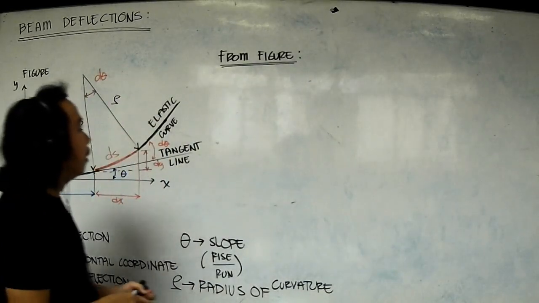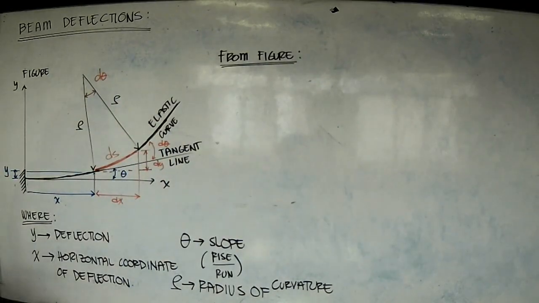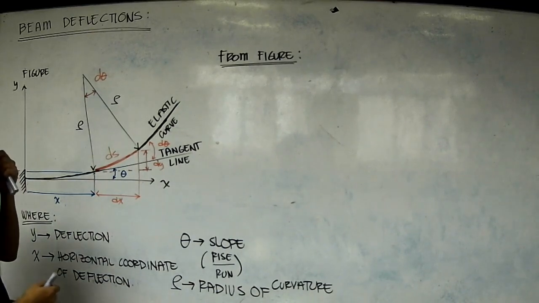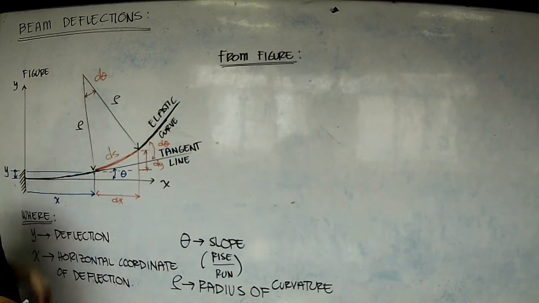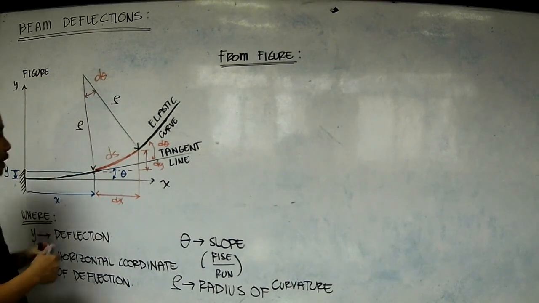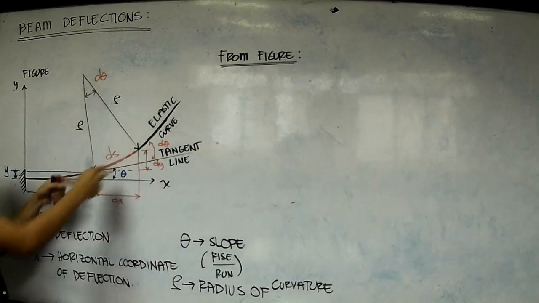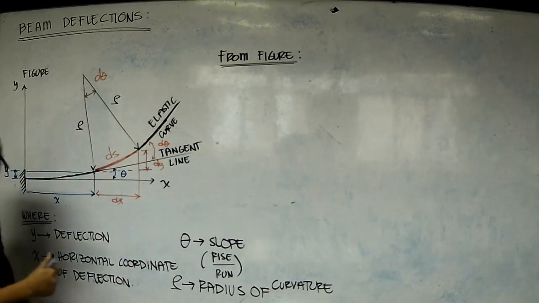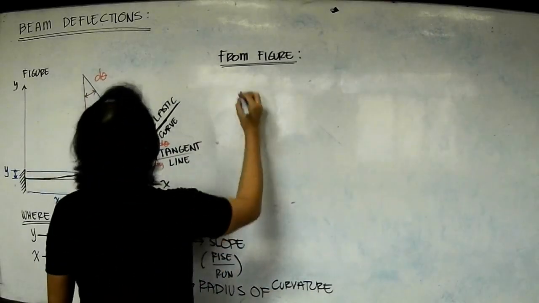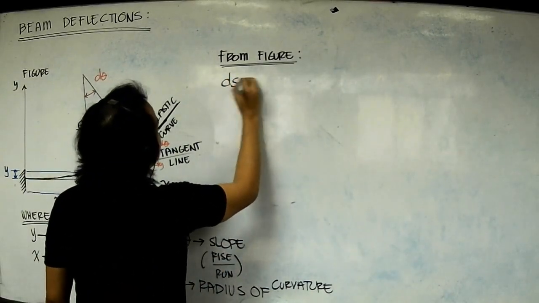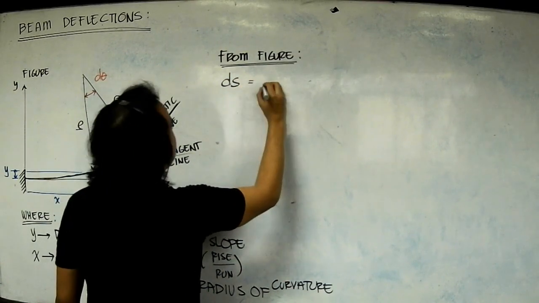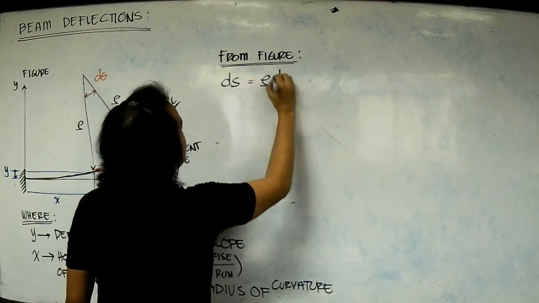Now, from this figure, let's try to derive some expressions. This is part of a small circle, in this set up we have ds, d theta, and we have rho. So we can say that ds is equal to rho times d theta.